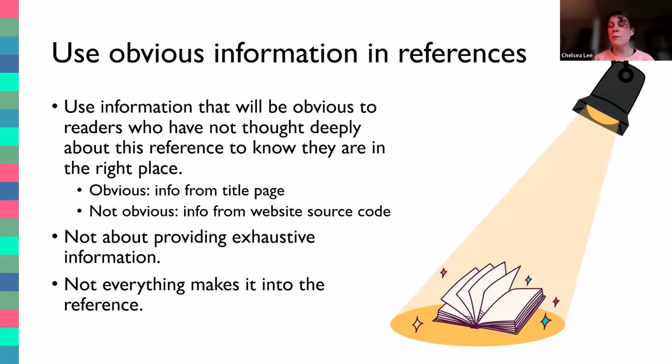So an example of this would be information that's on the title page or on the cover. That would be great kind of information to put in a reference. Information that would not be as helpful would be information from the website source code, some detail that's maybe in the code if you look at it, but not obvious if you're just skimming or browsing the page. So it's got to be obvious.